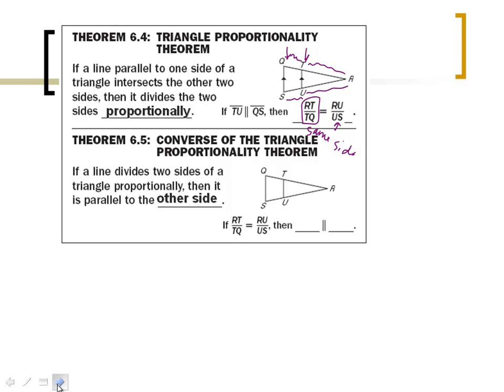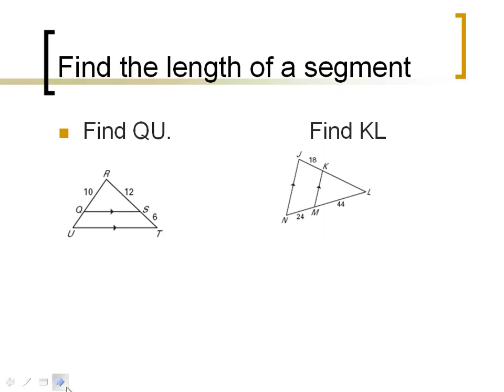So what this is saying is we're starting knowing that RT over TQ does equal segment RU over US, and if we know that that's true, then we can say that segment TU is parallel to segment QS. So remember, the sides are not being touched by the line. Those are the ones that are parallel.